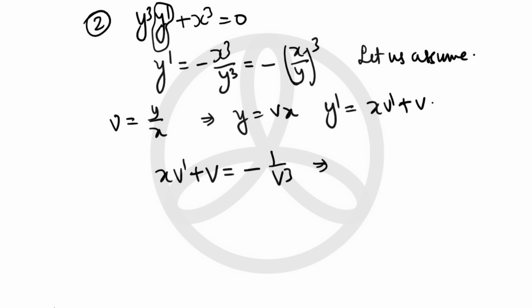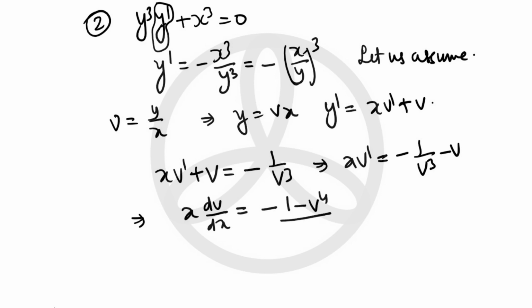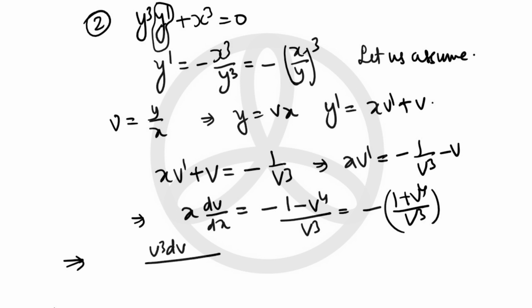This will give us x v prime is equal to minus (1 plus v^4) over v^3, or x dv/dx is equal to minus of that. Okay, what can be done now? We can separate the variables here. We can bring all v on the side of v, so we will have v cube dv over v to the power 4 plus 1 is equal to minus dx over x.